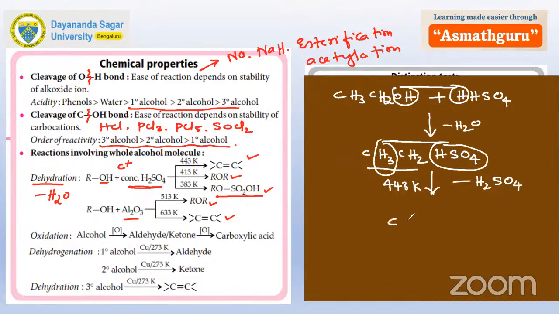In the CH3, one hydrogen is gone, so CH2 is there, and here also we have CH2. Valency of carbon is 4, so you get a double bond. What is this? Alkene. So we get ethene. When our alcohol is subjected to dehydration at 443 Kelvin, we end up getting alkene. Very, very important this is.